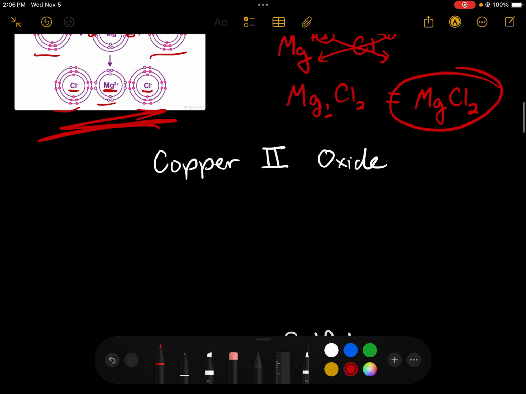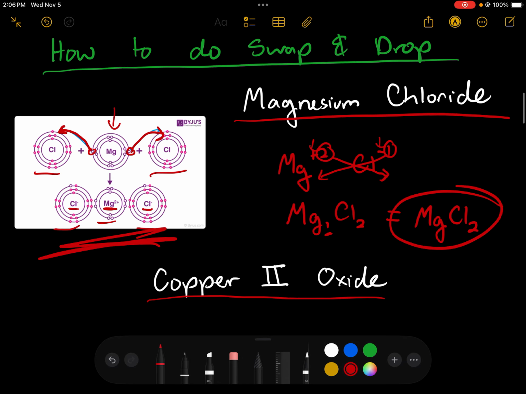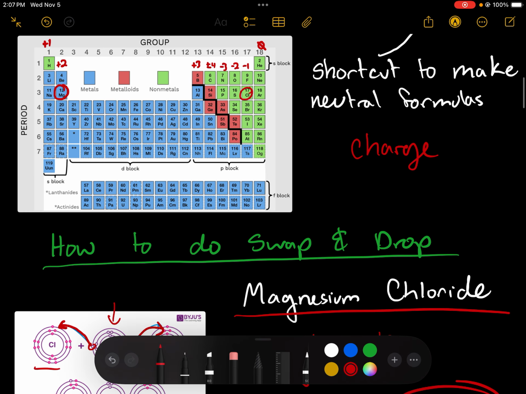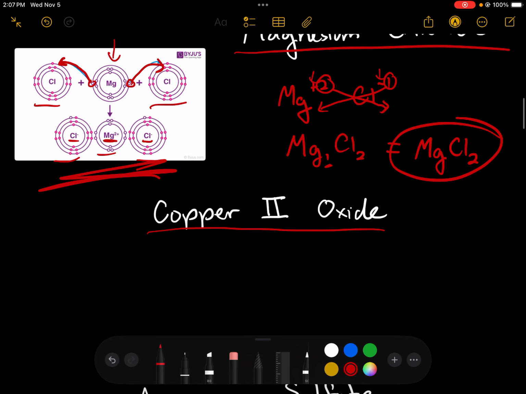The next example I'm going to give you is copper(II) oxide. This formula looks a little bit different from the name of the one above it, and that is because of copper. Copper resides in the transition metals, meaning it doesn't have one specific ionic charge. Instead, you need a Roman numeral to tell you what the charge of that transition metal is, which is why transition metals have Roman numerals in their names.